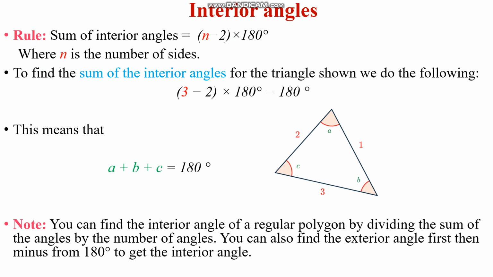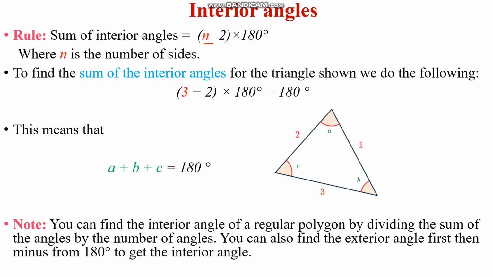So now we are going to look into interior angles in more detail. The rule that you need to remember whenever you talk about interior angles is that the sum of interior angles is given by the formula (n minus 2) times 180 degrees, whereby n is the number of sides of the polygon.